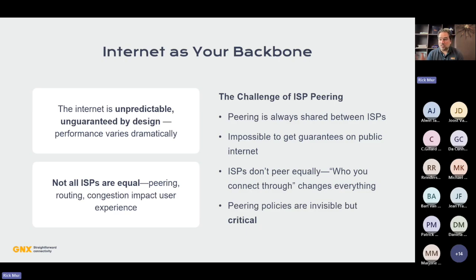In the end, it's always a shared infrastructure. So if there's a new customer coming along that wants to connect between the same ISPs, they will use the same connection that could or could not impact your performance.